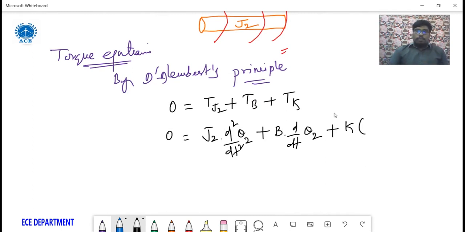Now our reference inertia will be J2, so first we consider J2, then J1, which is theta 2 minus theta 1.